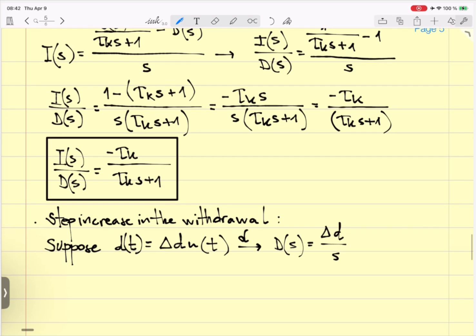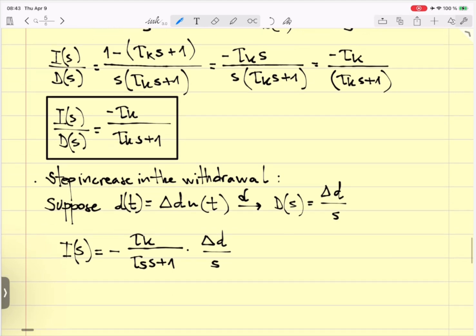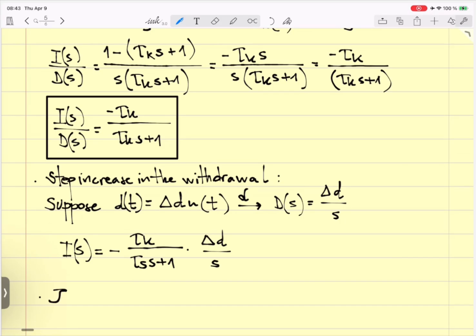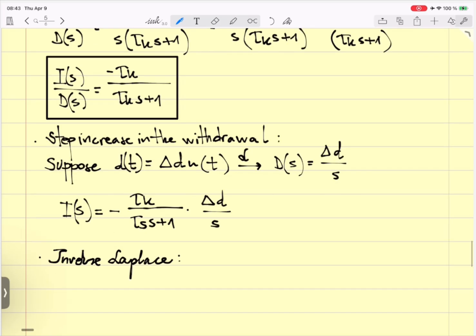So what we would be getting is I of s equals minus tau k divided by tau k s plus 1 times delta d divided by s, and applying inverse Laplace, we get that I of t equals minus tau k delta d times 1 minus e to the minus t divided by tau k.